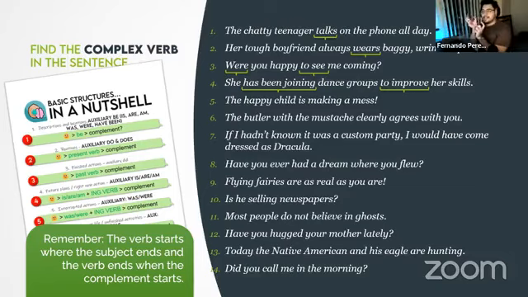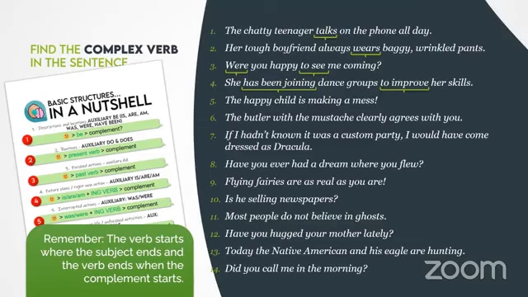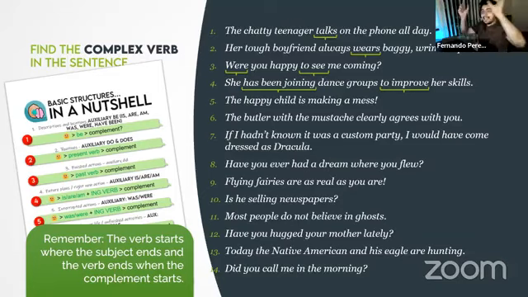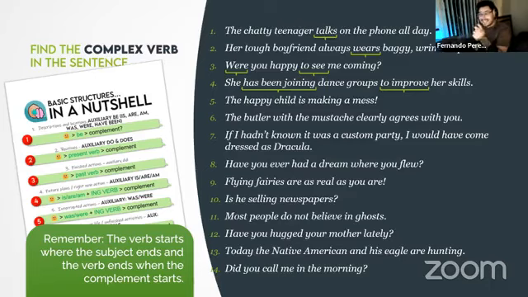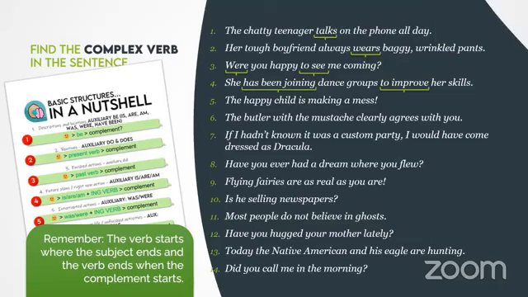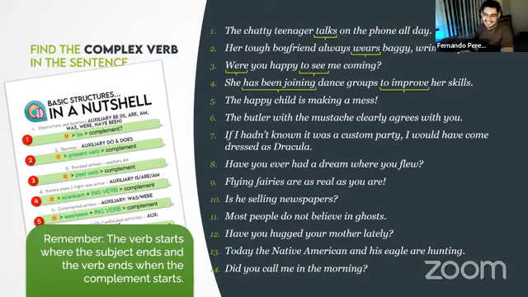The second part is to improve. And the complete complex verb? Has been joining to improve. Exactly. The complete complex verb is has been joining to improve. That's the complete sequence. Excellent, Laurita. Next, Benji.